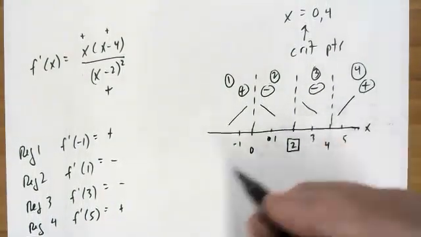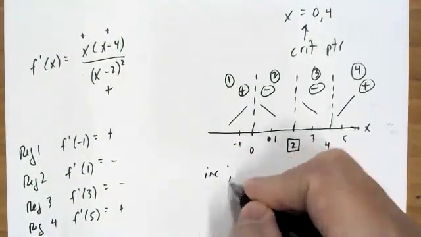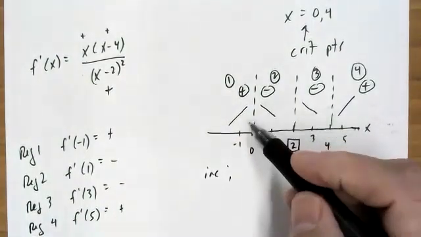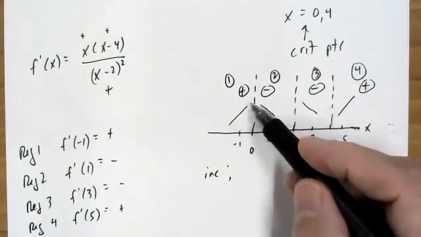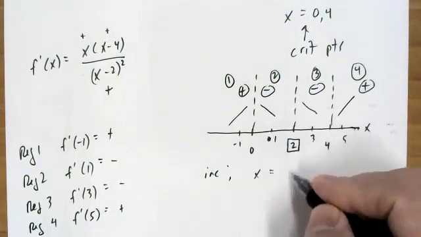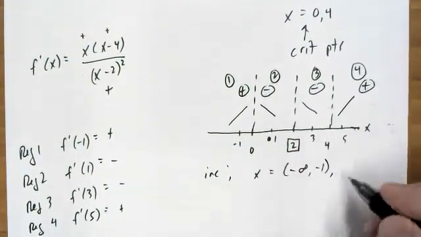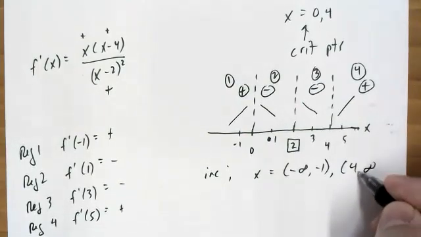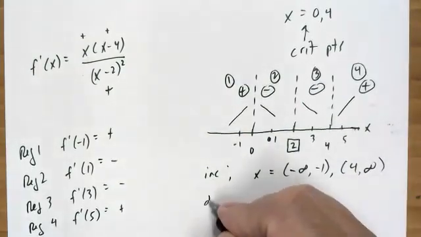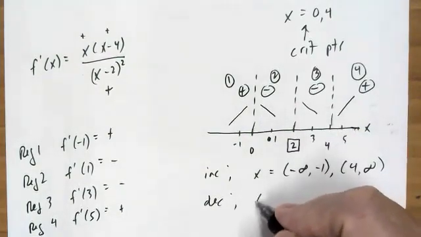So to answer my questions, where do I have increasing regions? Well, it looks like region 1 and region 4. So it's increasing from negative infinity to negative 1 and from 4 to infinity. Where is it decreasing? Looks like regions 2 and 3.